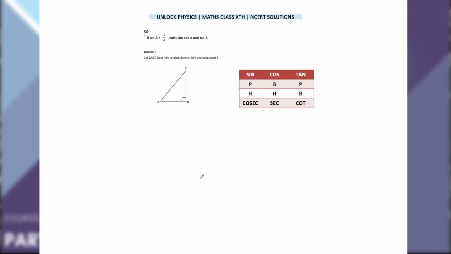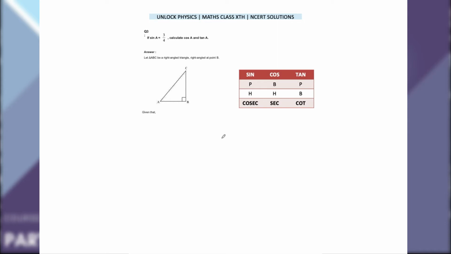Moving on to the next question, we have if sine A is given as 3 by 4, we have to calculate cos A and tan A. So let us consider a triangle ABC, right angled at B. This is our triangle. And we'll make our trigonometric ratio table, which gives us the formula for the ratios of the angles.